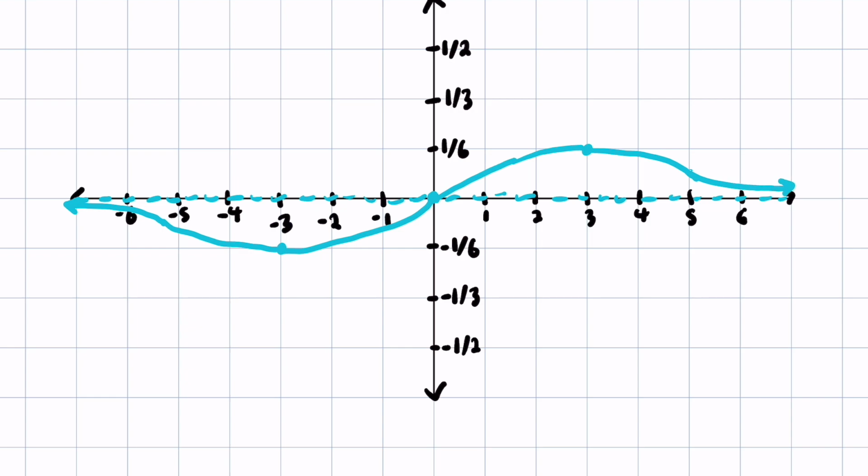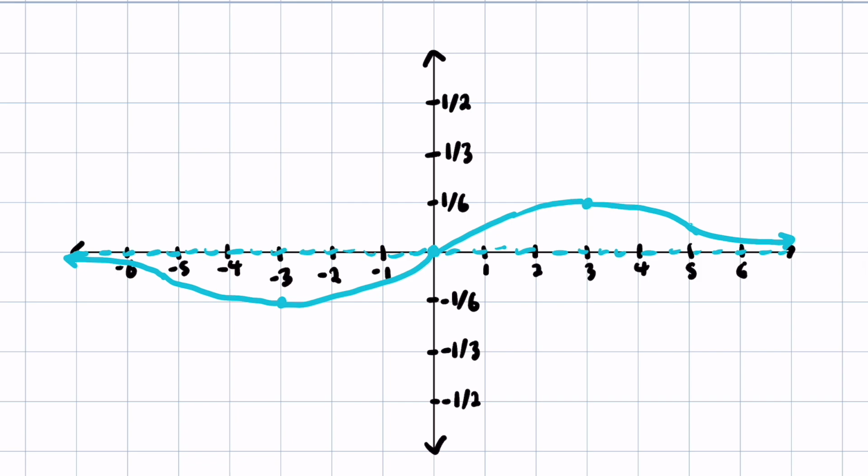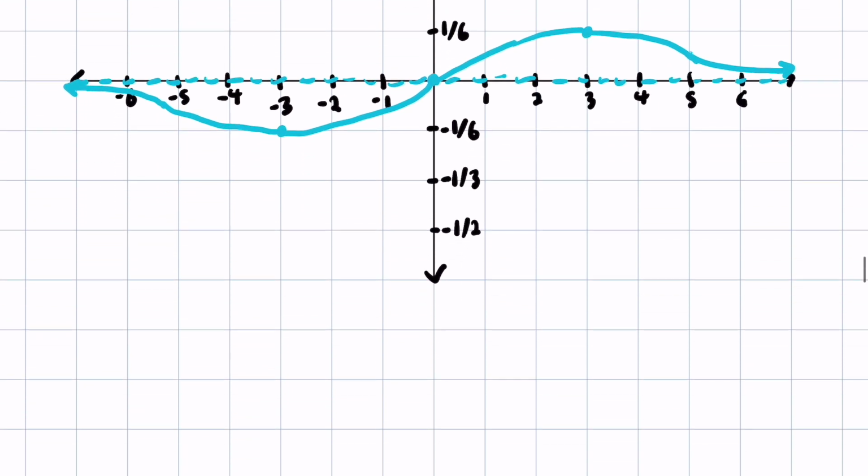So this is our graph. A lot of things to keep track of, but in the end it allows you to graph something accurately enough without having to plot every point that you want to represent.